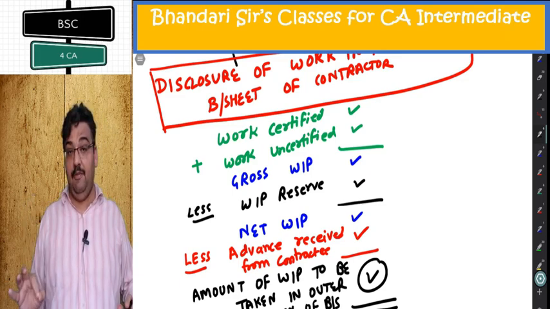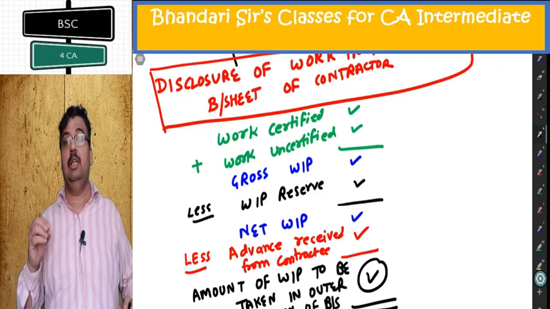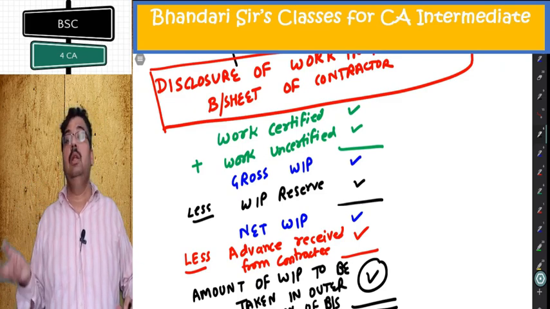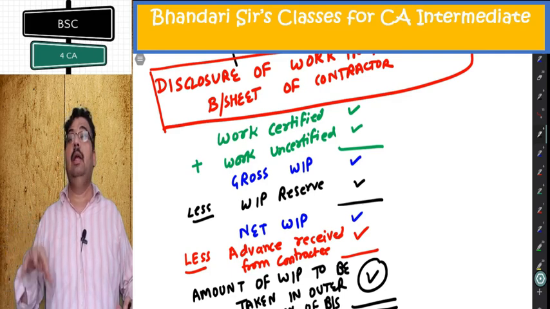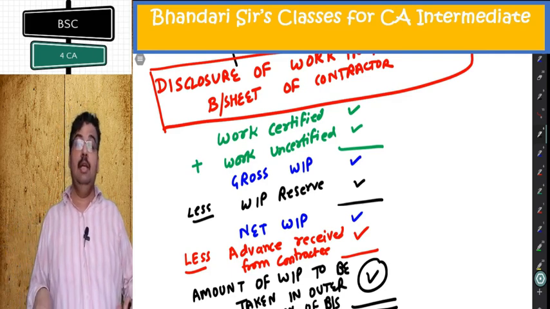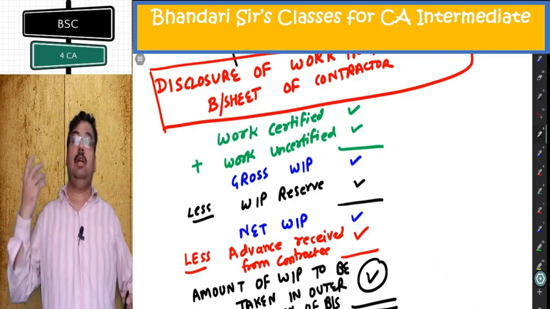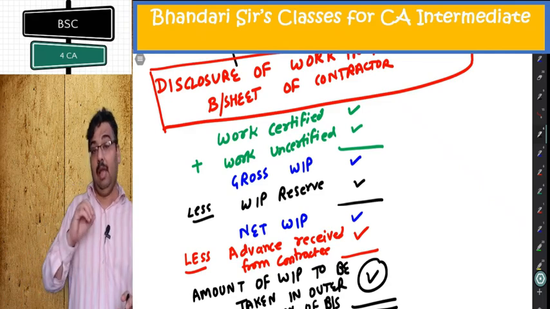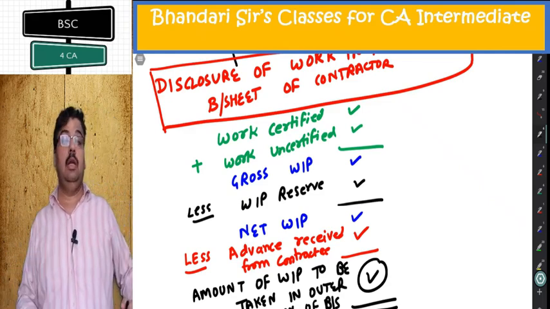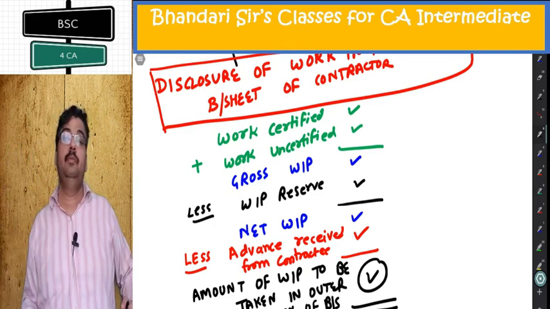Work uncertified, strictly at cost. When both are added, I get gross WIP, less closing WIP reserve. I get net WIP, minus advance received from contractee, which is the credit balance of the contractee account. After deducting, I get the amount to be taken in the outer column of the balance sheet of the contractor.